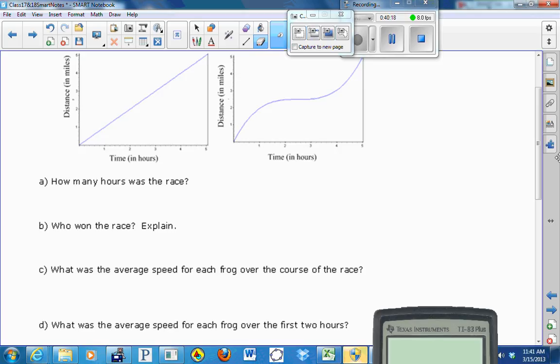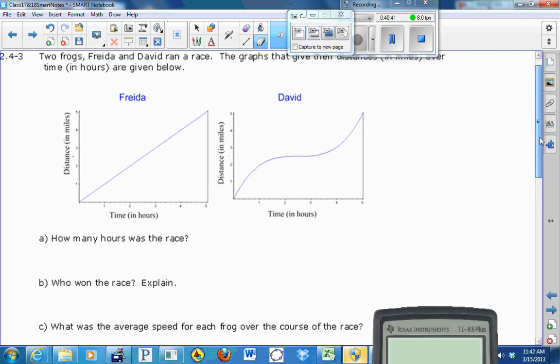If you can work through these problems, and I've got answers on the back, try to work it out without looking at the answers, okay? If you can work through those problems successfully, you should be in pretty good shape for any type of assessment question on piecewise functions. Right? So you got 10 minutes. Look at David and Frida here, the two frogs, and this will help you with your rate of change calculations.